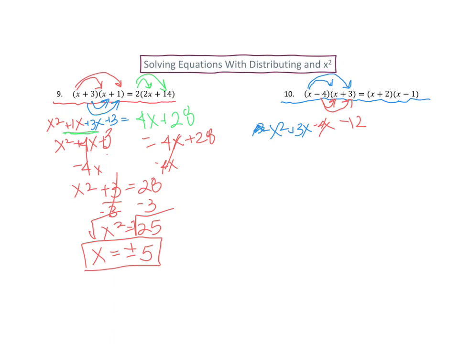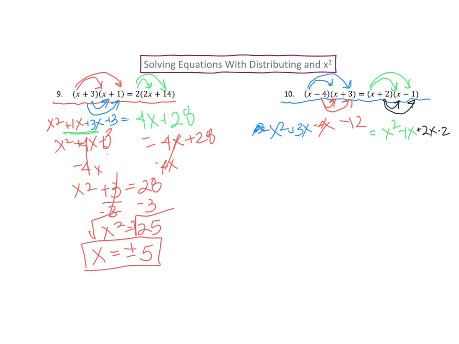Now, it equals whatever x times x and x times negative 1, and then 2 times x and 2 times negative 1. X times x, we know, equals x squared. X times negative 1 is minus 1x. 2 times x would be 2x. And 2 times negative 1 would be minus 2.